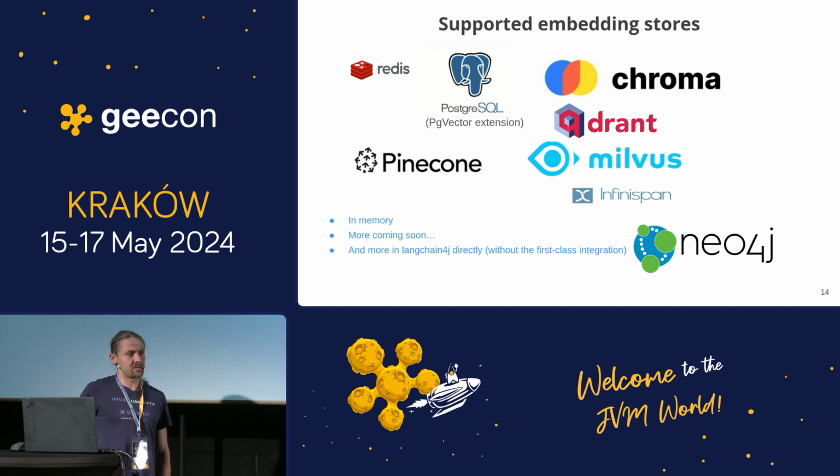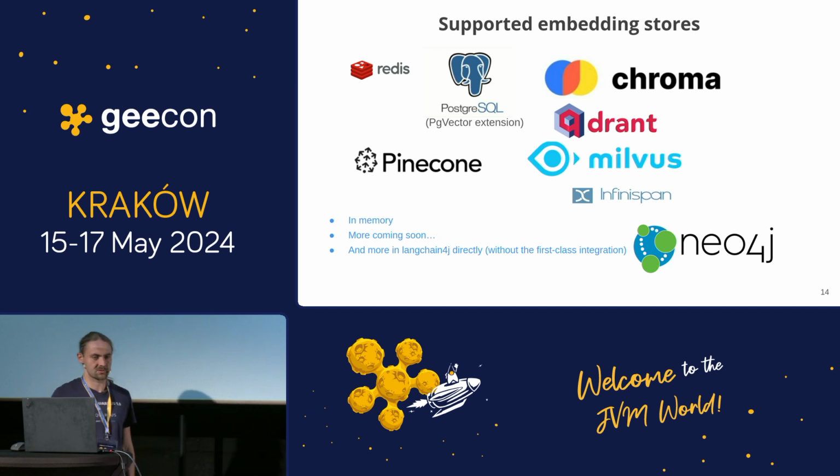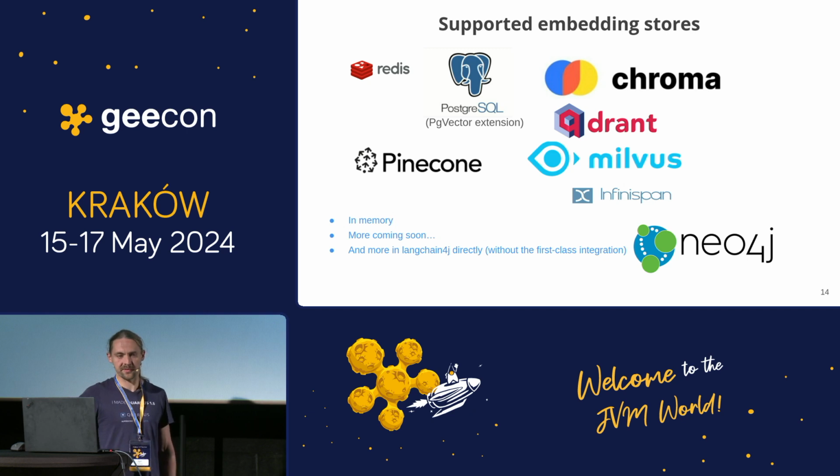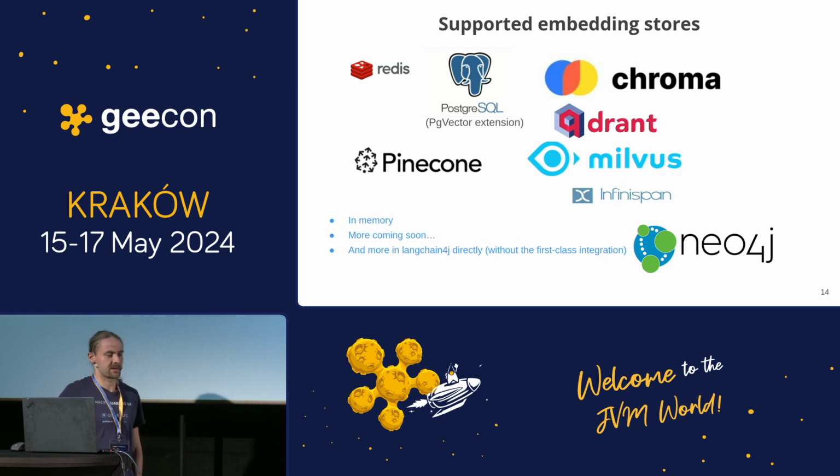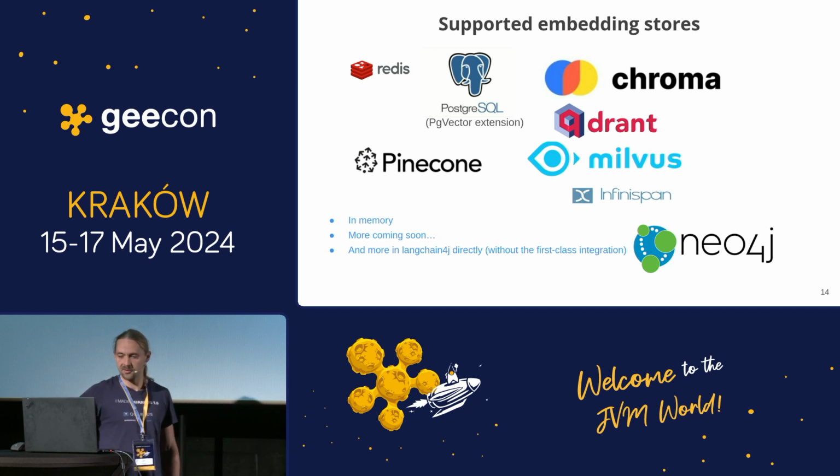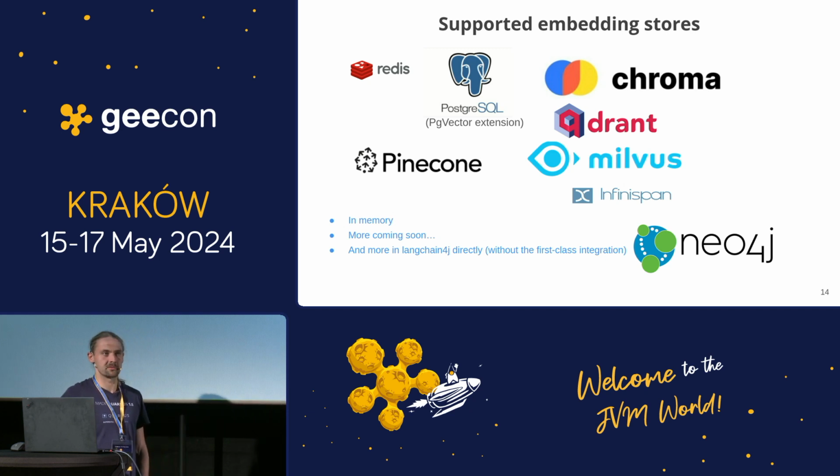There's also an in-memory embedding store, which obviously doesn't scale well, but I will use it in the demo because it's extremely easy to set up. And of course, just like with the model providers, this list is growing very rapidly.